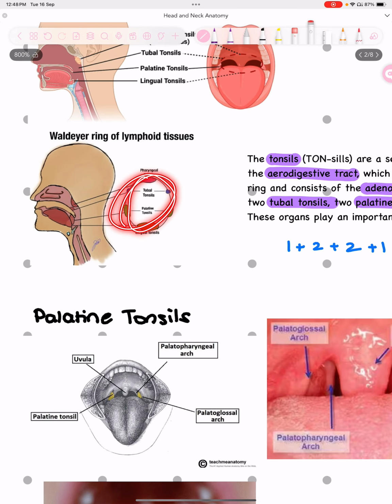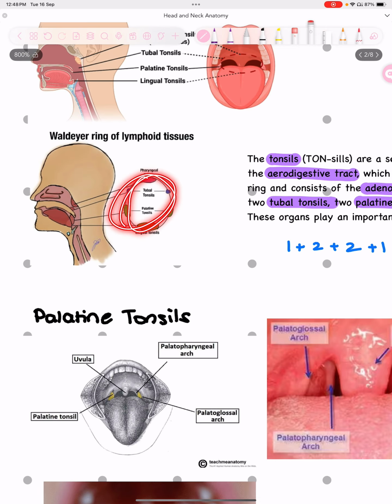So these aggregates form a ring. Now, they're saying that the most important aggregation are the right and left palatine tonsils, which are usually referred to simply as tonsils. So if you hear simply the word tonsils, they're basically referring to palatine tonsils.